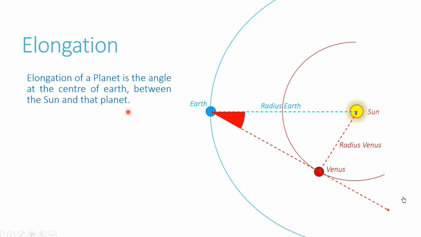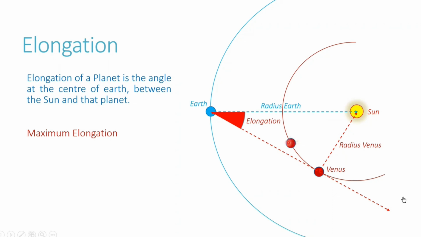Now, as Earth and Venus are moving with different orbital speeds, different angular velocities in their orbits, their location with respect to each other will keep on changing. The planet Venus could be at any particular elongation depending upon what is its position in its orbit.